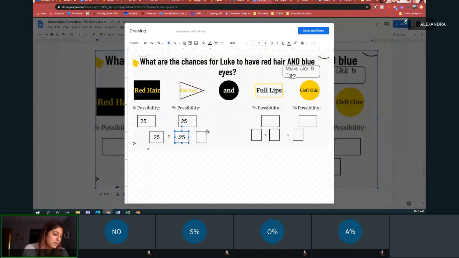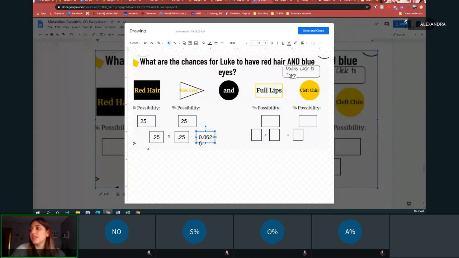But don't forget to put in those decimals, because those decimals are what make it a more accurate representation. So what were the chances that Luke was going to have red hair and blue eyes? Good, Emmett. It is 0.0625.